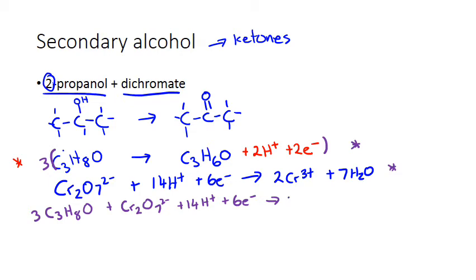And that gives me 3 of those. So now I've got 6 hydrogens, 6 electrons, plus the chromium 3 plus and the water.